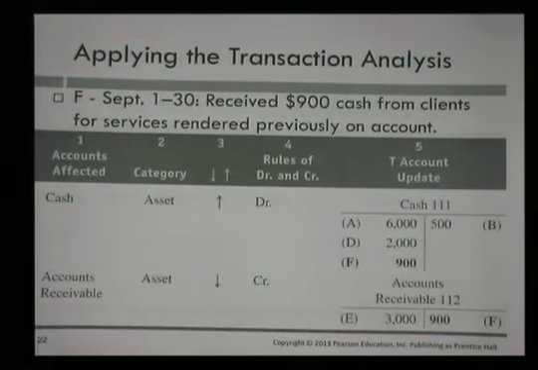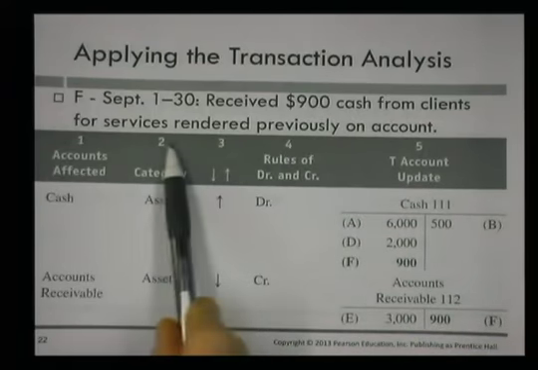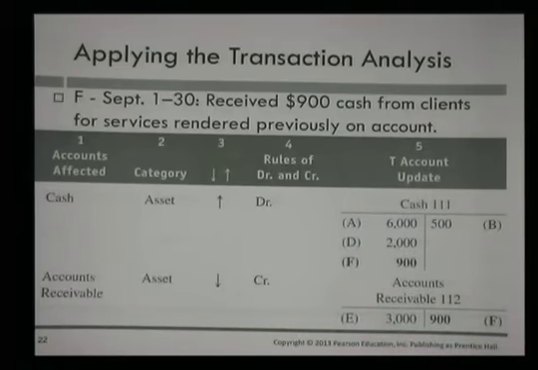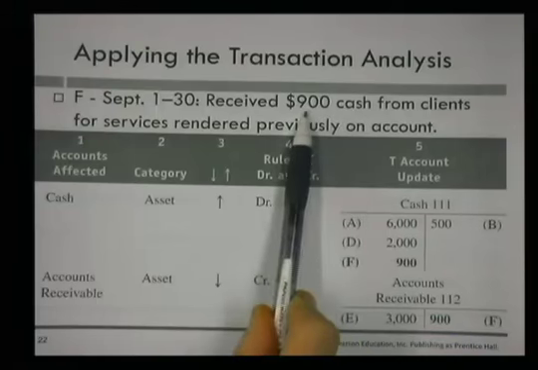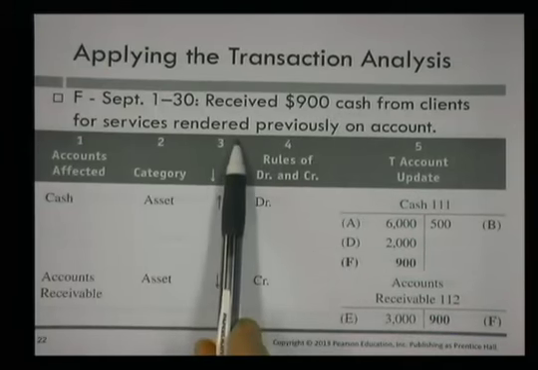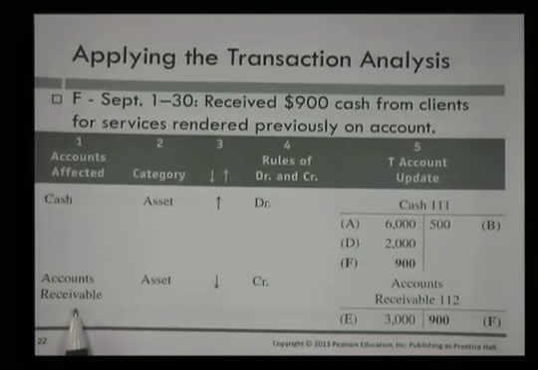Another transaction. Received $900 cash from clients for services rendered previously on account. So earlier our customers were going to pay us in the future. Now they are paying us. So since we are receiving money, we put cash, and since we decrease now the amount that our customers owe us, it's going to be accounts receivable.